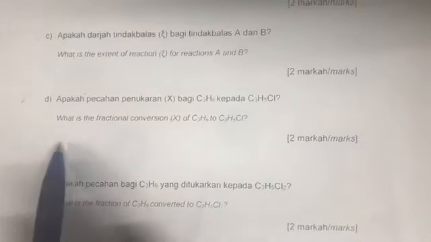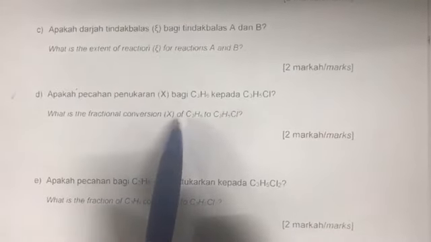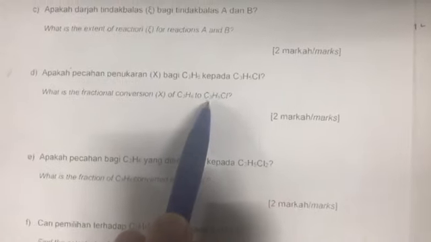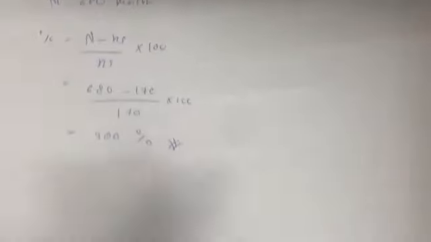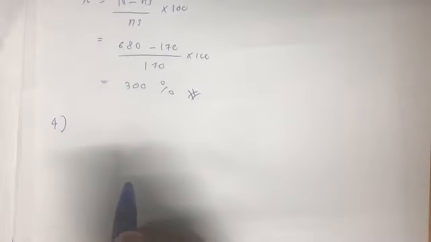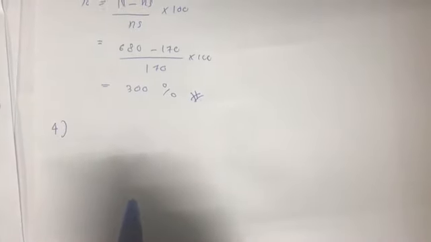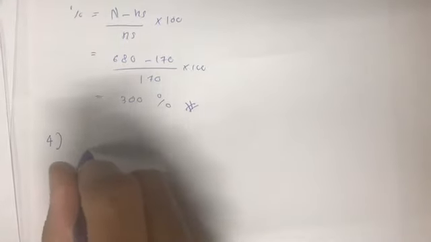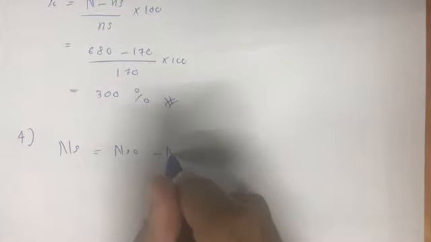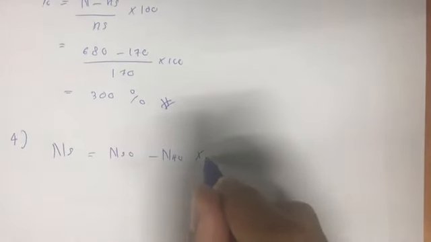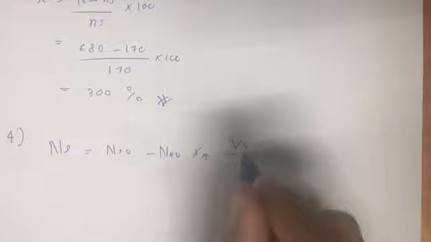So next question. What is the fractional conversion X of C3H6 to C3H5Cl? In this question, we must use this formula: NS is equal to NS naught minus NA naught times XA times VS over VA.